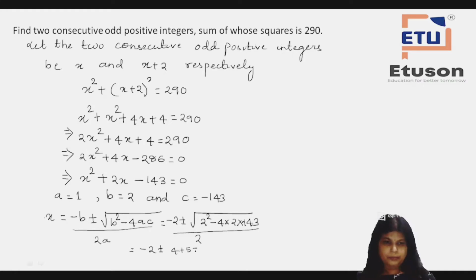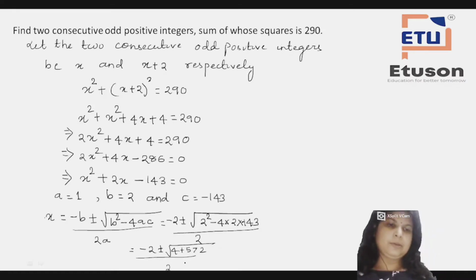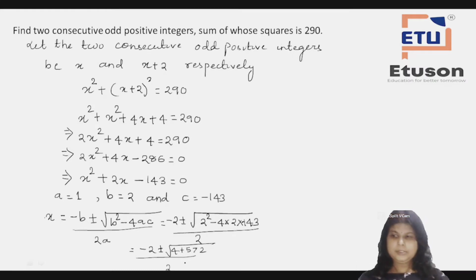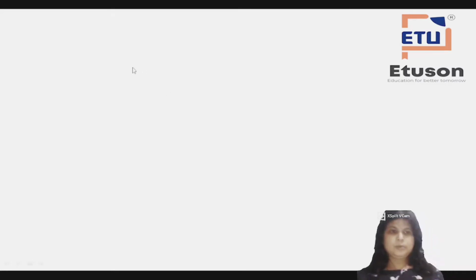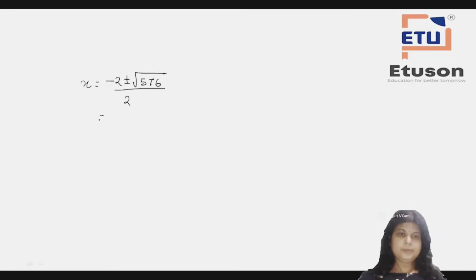So x is equal to minus 2 plus or minus square root of 576 divided by 2. The square root of 576 is 24. So minus 2 plus or minus 24 divided by 2.